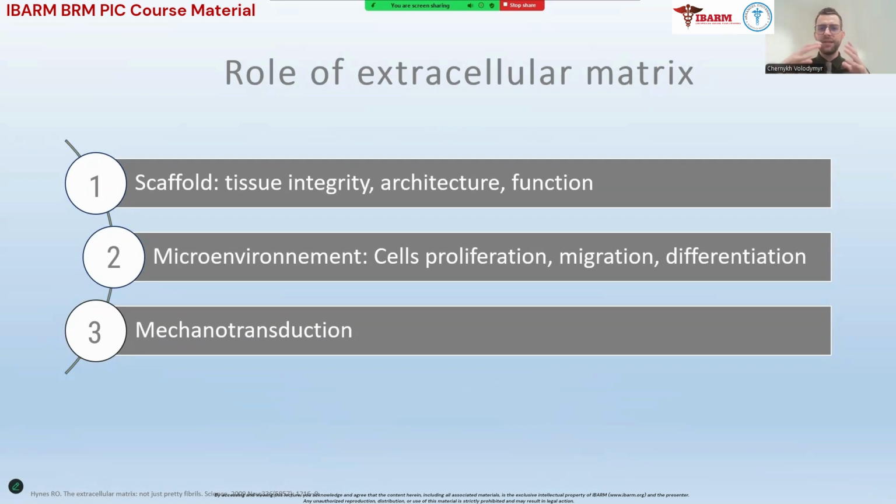Integrity of the ECM is critical for the organized regeneration of the tissues. Therefore, disruption of the extracellular matrix leads to impaired tissue regeneration and repair, such as, for example, cirrhosis of the liver, which is the consequence of persistent and progressive fibrosis, and we are going to touch on fibrosis in the following module.